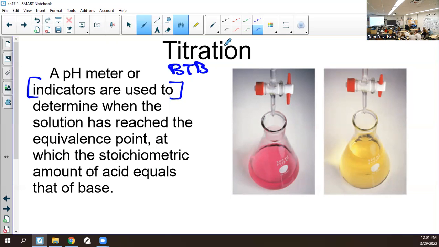So they're used to track the pH of the solution, because once again, at 7, we know we have stoichiometric amounts of acid equal to that of the base.